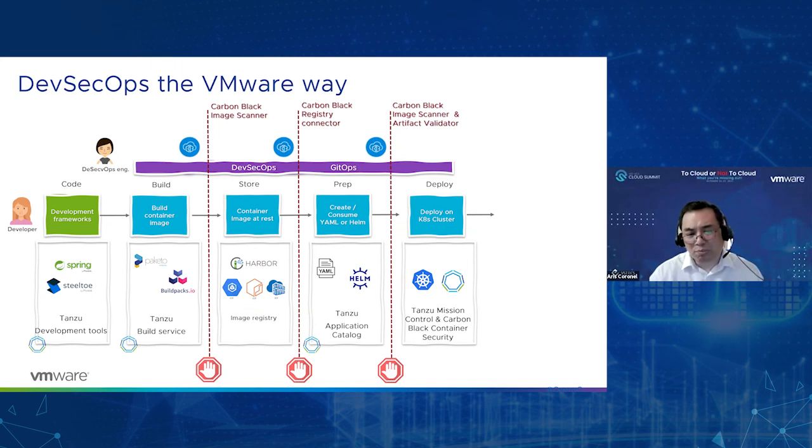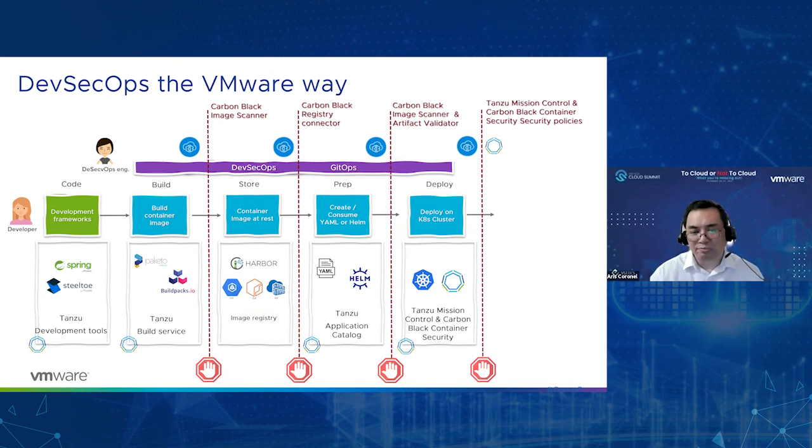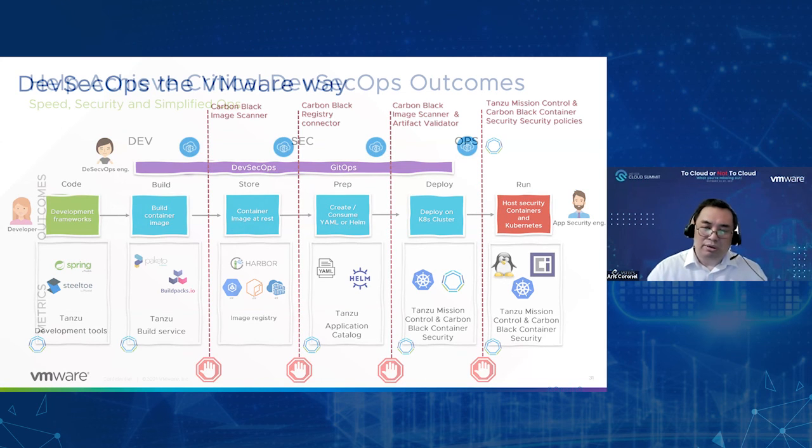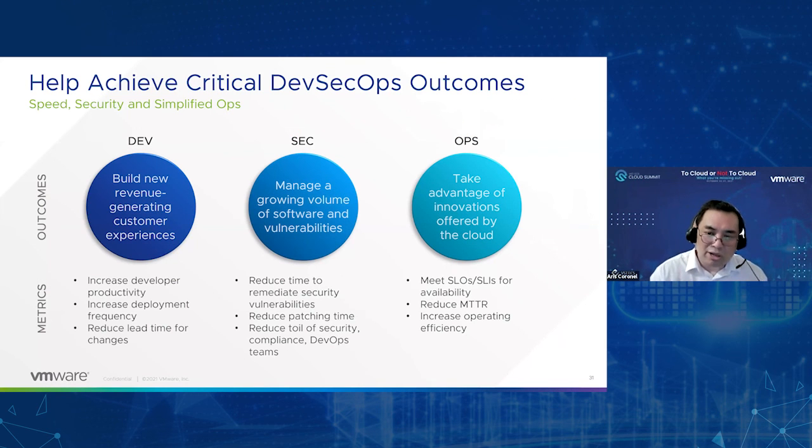So with that, let's try to bring this all together and help you deliver better outcomes through the lens of DevSecOps. Now, the first outcome is really about developer velocity, where developers can now spend more time to write their code.